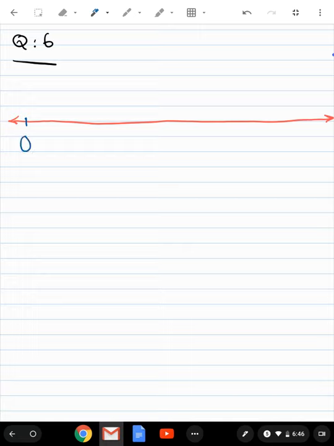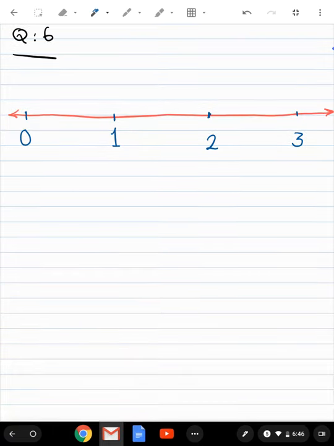Then 1, then 2 and 3. This time the distance between each number and the next one, we will cut into 6 equal parts.